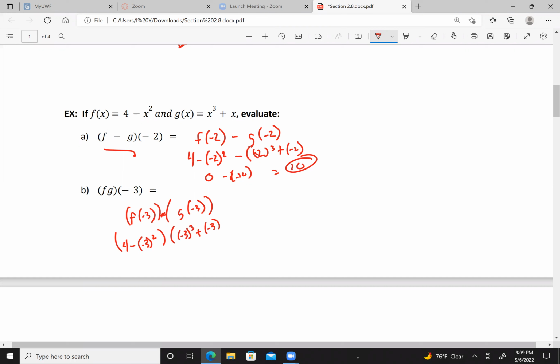So this is 4 minus 9, which is negative 5. And this is negative 27 minus 3, which is negative 30. So I get 150.